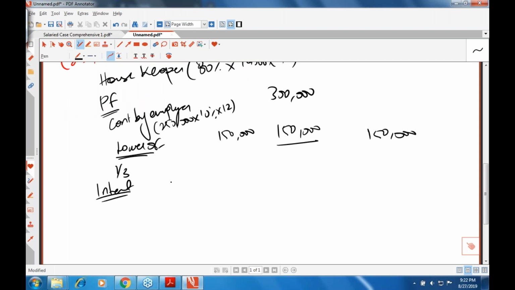Then let's talk about the interest. The actual amount credited is 78,000 and the 16% of the accumulated balance. Now, what is the accumulated balance? It's the amount which is contributed by the employer and deducted from the salary of the employee. So 300,000 by employer, 300,000 by employee.